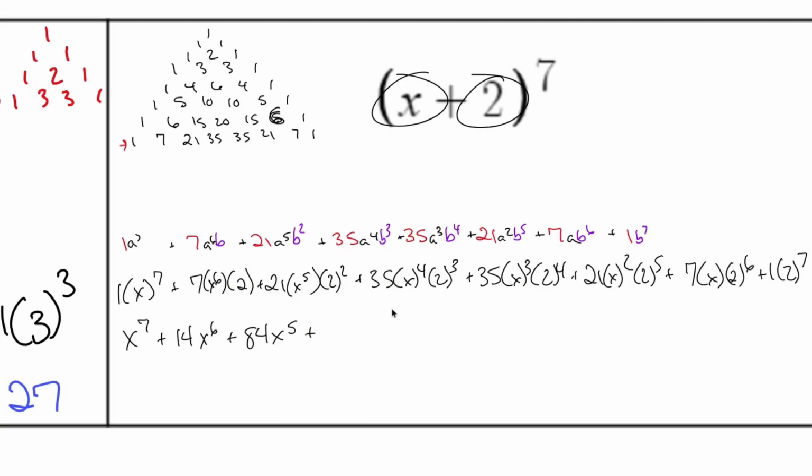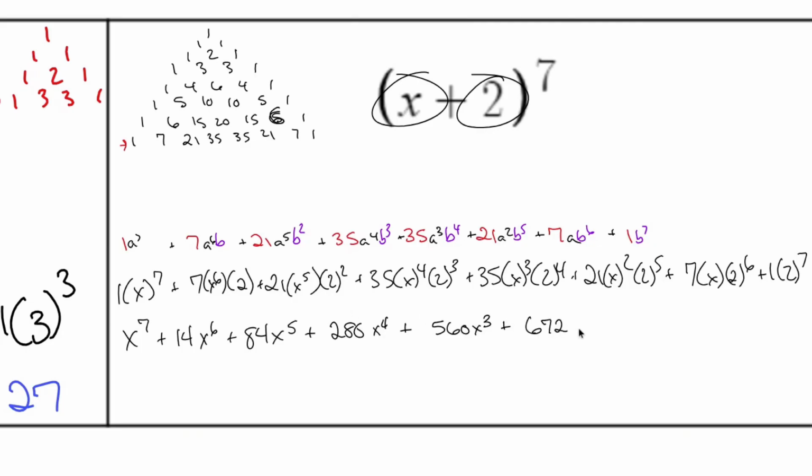So it'll be 35 times 280 x to the 4th, plus 35 times, that'll be 16, that'll be double that, so 560, x to the 3rd, plus 2 to the 5th is 32, 32 times 21, 672.